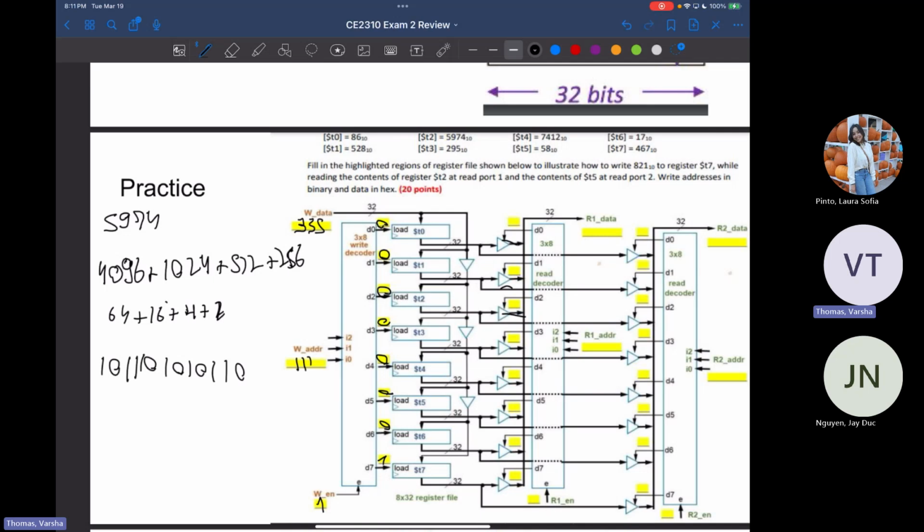And now we're going to convert that into hexadecimal. So split it into 4 numbers. Let me just rewrite everything and space it out so you guys can see better.